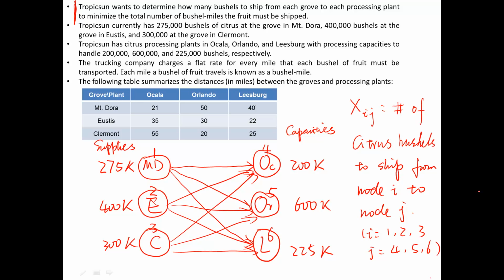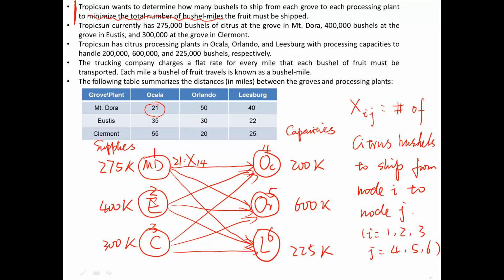Okay, so with the decision variables defined, now let's say the objective is to minimize the total number of bushel miles. Okay, so if we are shipping x14 units of citrus bushels from node 1 to 4, and the distance between them is 21 miles, then the bushel miles that occurred on this one route would be 21 times x14.